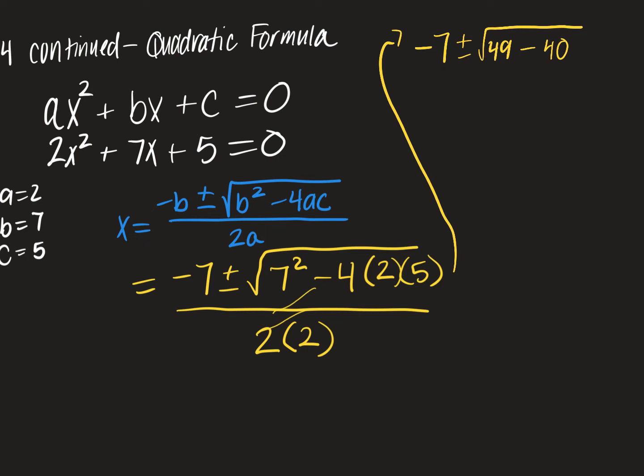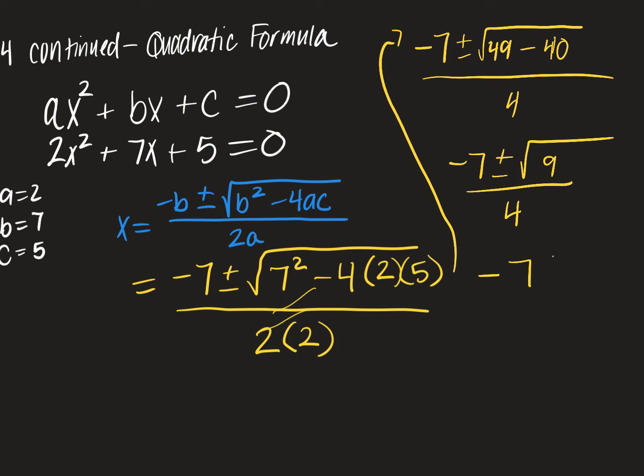It's 49 and what's that? 40, because that's 4 times 2 times 5. And then all of that will get divided by 4. All right, so then we're going to do 49 minus 40, which is 9. What's our square root of 9? 3.